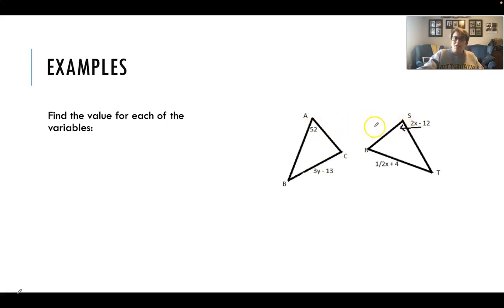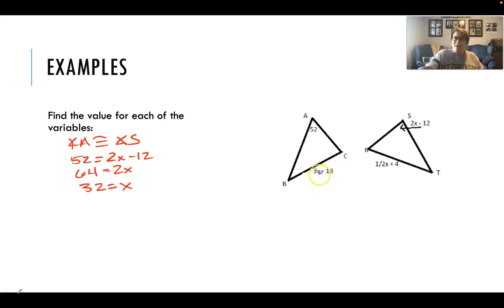We would hope with something like this you would have a congruent statement, but if A is congruent to S, that tells me that 52 is equal to 2x minus 12, or 64 is equal to 2x, or 32 is equal to x.